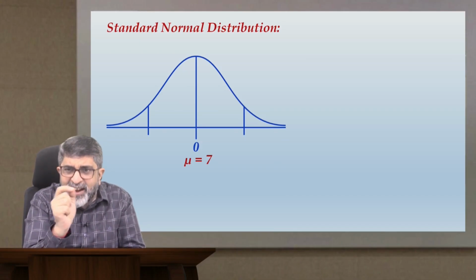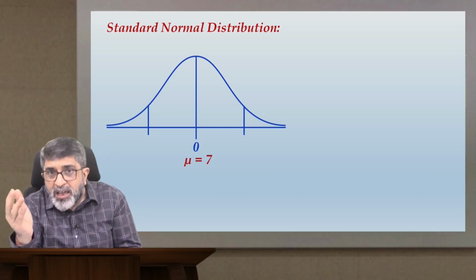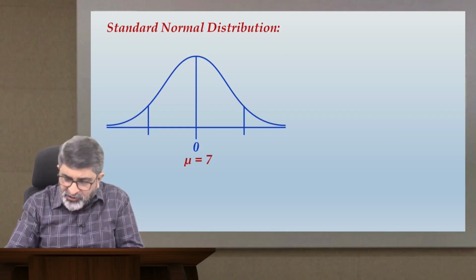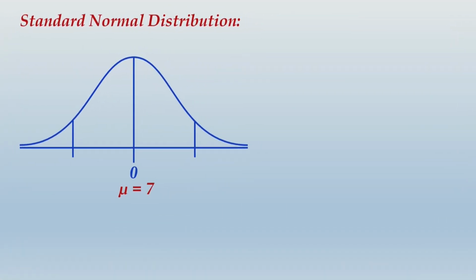So if it is a little less or more, it will still be accepted. But if it is too high or too low, then the claim of the company may be rejected. So that is where we need to identify the nature of the difference. Is the difference significant or insignificant? Let us observe. Let us suppose that the test statistic which we are going to compute does not come to mu equal to 7.